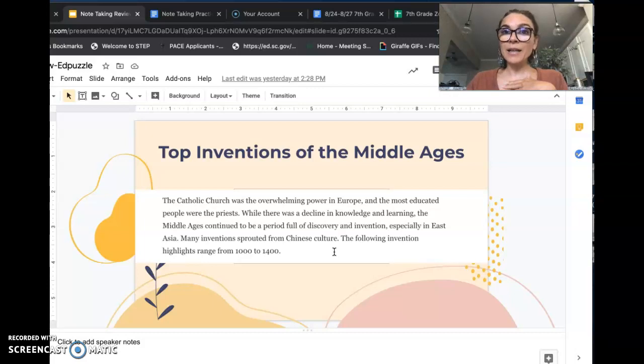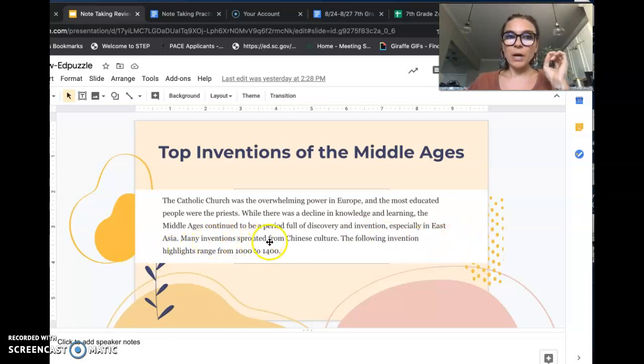I'm going to read it and then I'm going to ask you to take a note on it, so pay attention. The Catholic Church was the overwhelming power in Europe, and the most educated people were the priests. While there was a decline in knowledge and learning, the Middle Ages continued to be a period full of discovery and invention, especially in East Asia.